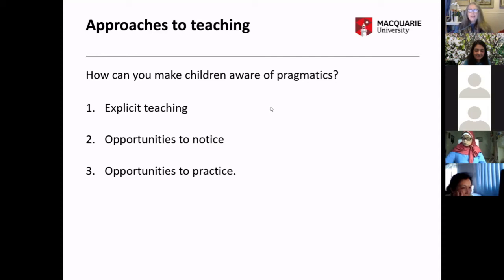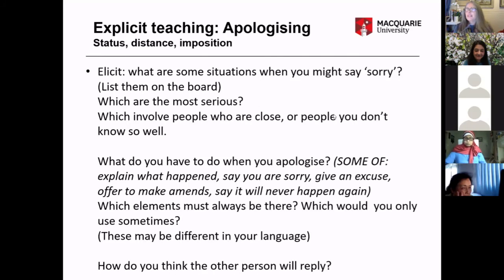So imagine the speech act of apologizing when you say sorry, okay? This is a little bit of an old-fashioned type of lesson. This is like the functional approach, but let's just look at how you might do that. So what are some situations when you might say sorry? So you could elicit these from your students and list them on the board and get them to say which are the most serious.